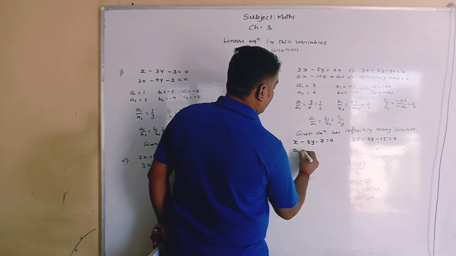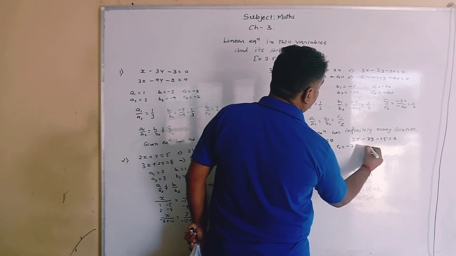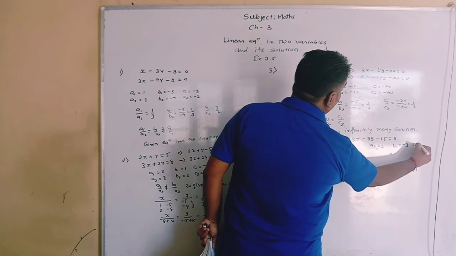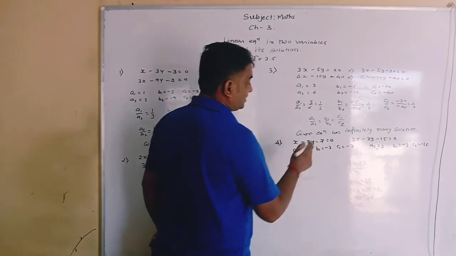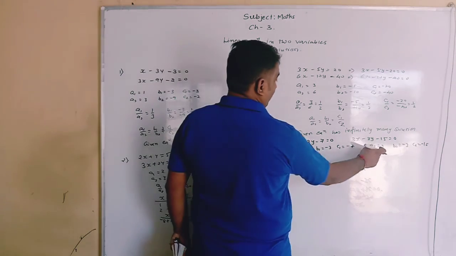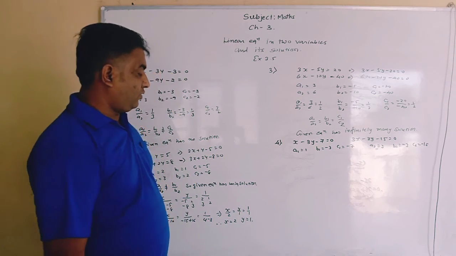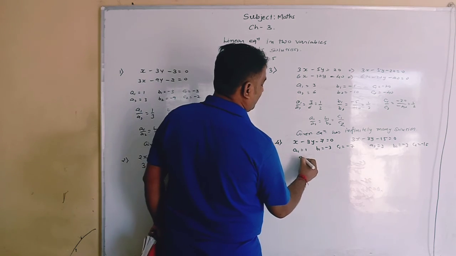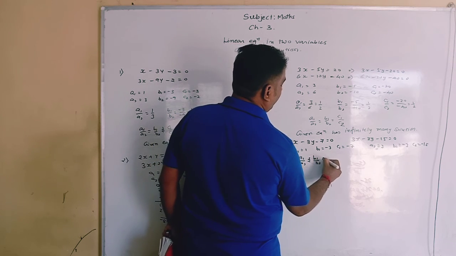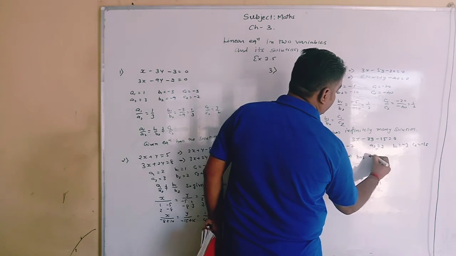So we can note down a1 = 1, b1 = minus 3, c1 = minus 7, a2 = 3, b2 = minus 3, and c2 = minus 15 from these two equations. And so we can see a1 by a2 is 1 by 3, b1 by b2 is minus 3 by minus 3, which is 1. So a1 by a2 is not equal to b1 by b2, and so the given equations have a unique solution.